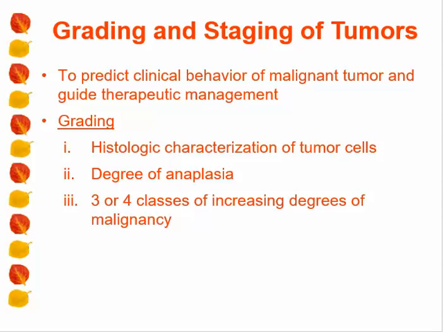Maybe there should be something done about that. Or it might come back with, okay, these are definitely cancerous cells. We can see the anaplasia in it. And so therefore, this has to be either burned off or frozen off or cut out or whatever the treatment's going to be.